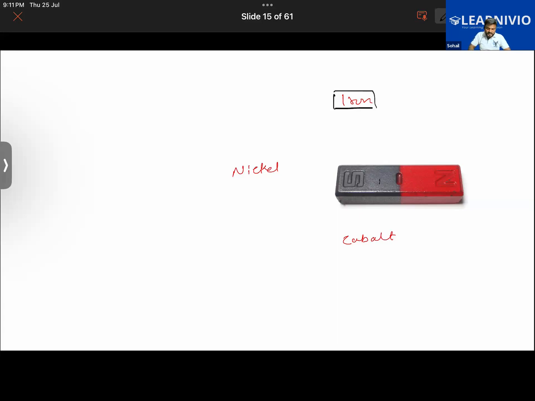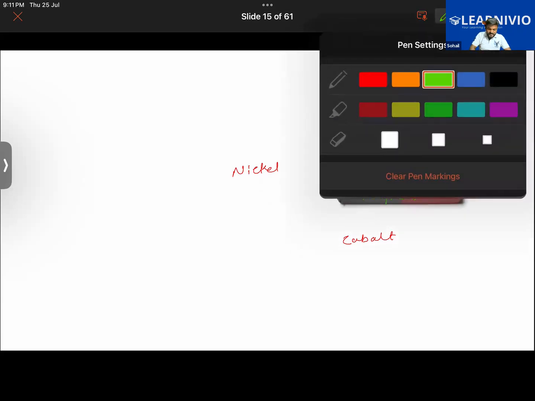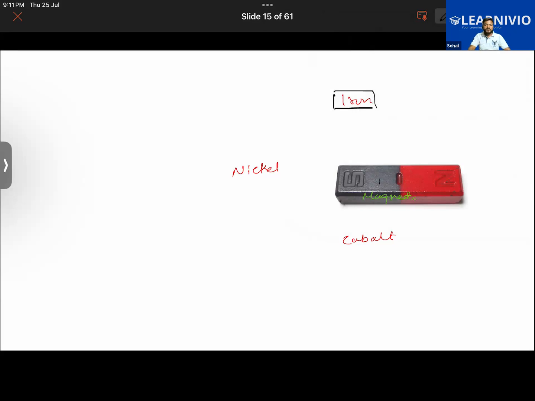But apart from iron, we also have cobalt and nickel. So objects like iron, cobalt, and nickel are attracted towards a magnet because they are magnetic substances.